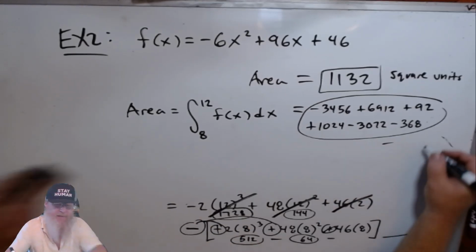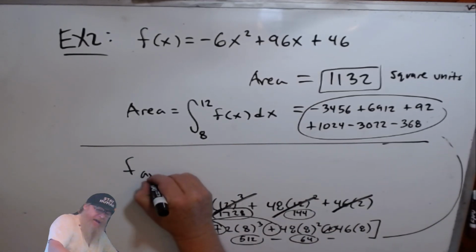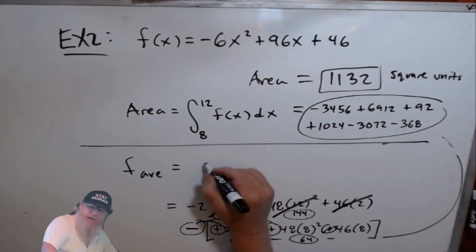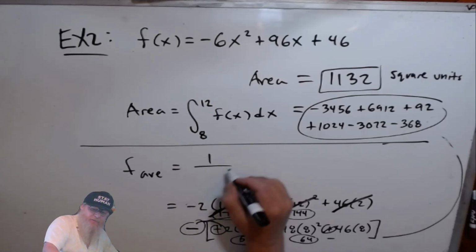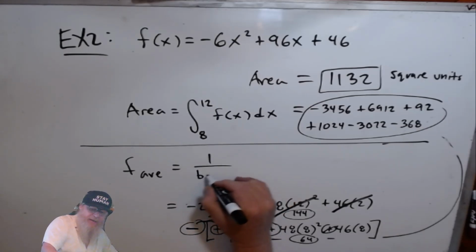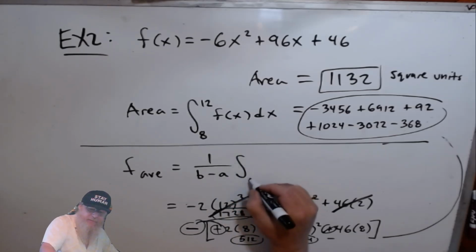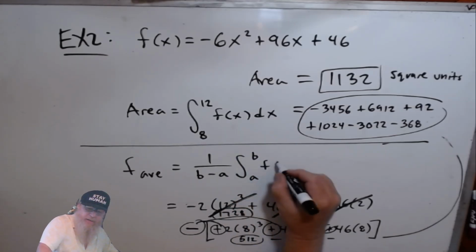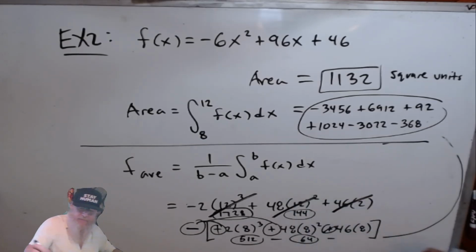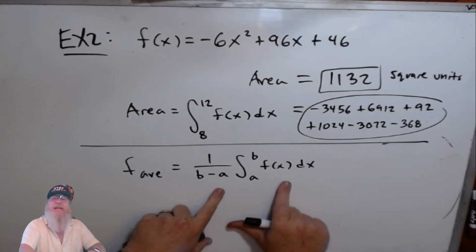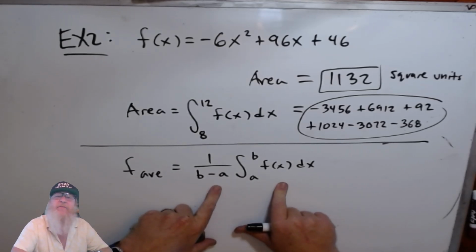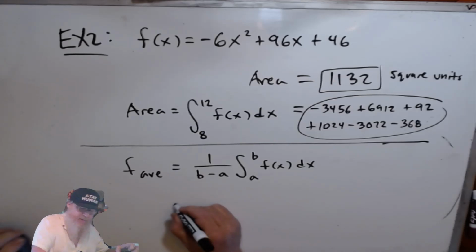And now to find f average, you take the area and you divide by b minus a. I'm going to write the formula down one more time for you. It's the type of thing you want to have handy when you take the next test. You don't want to go digging for this formula. Have it out and ready to go.